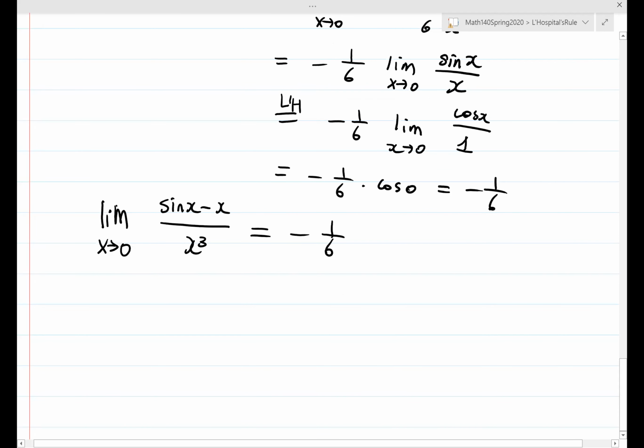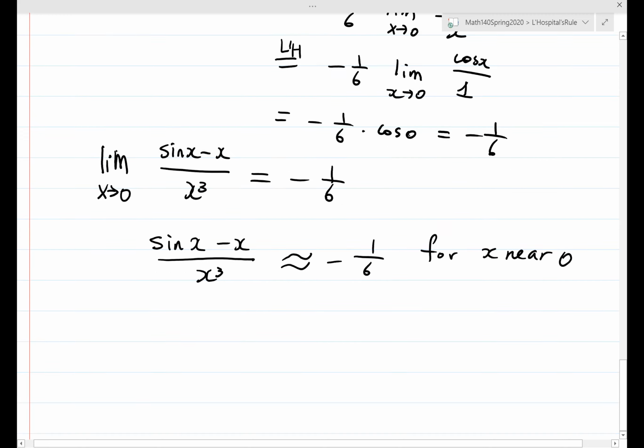Now, in terms of approximation, what does this limit tell us? If you write it in this form, sine x minus x over x cubed is really close to negative 1 over 6 for x near 0.